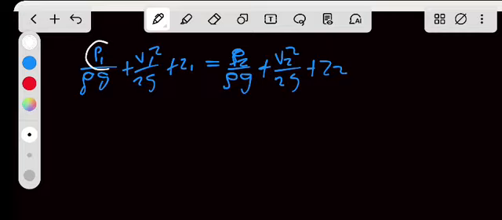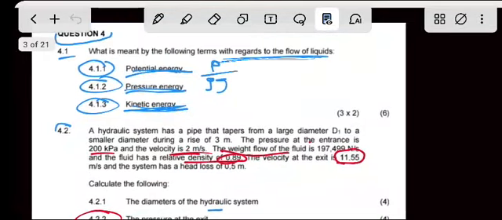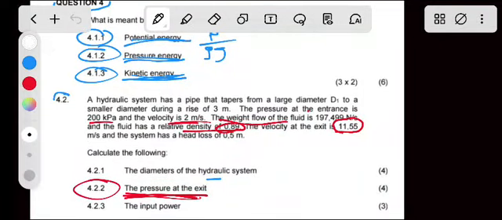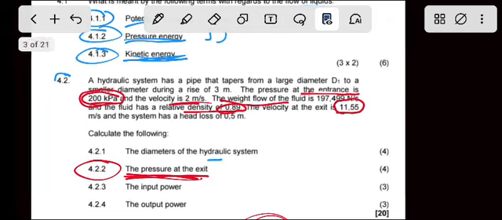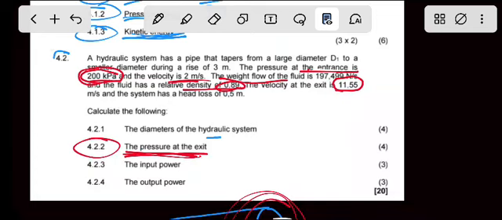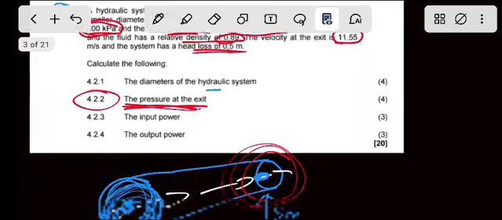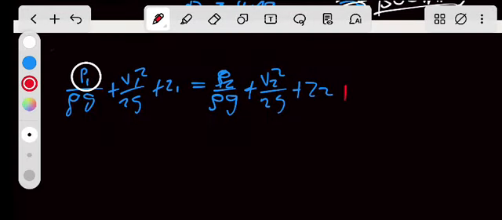All right, so we want the exit pressure. Surely we are given P1. What will be the P1? P1 we're given here at the entrance of the pipe. The pressure, 200 kilopascal, is the pressure. The velocity is 2. Then we have the head loss, so you'll add plus the head loss, H loss.